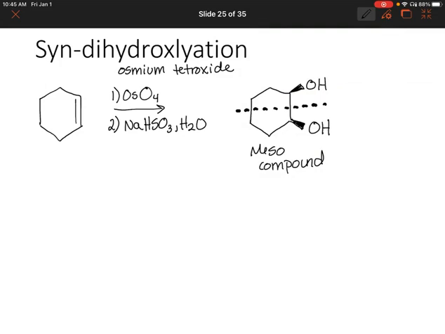All right, so let's talk about the slightly safer chemical that we can use to do this same reaction. So you could also use something called potassium permanganate.